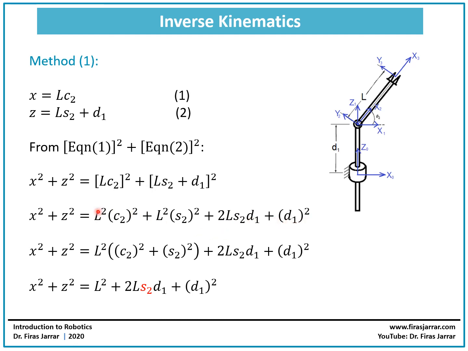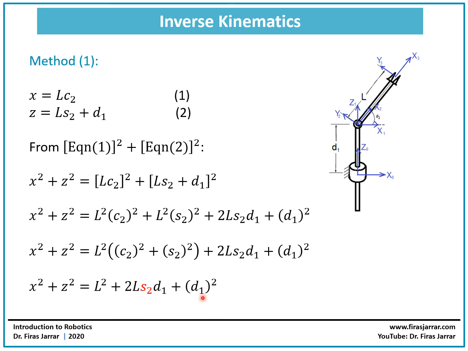Now you group these two terms together, and you're going to notice that here we have a trigonometric identity which says that cosine theta 2 squared plus sine theta 2 squared is going to be equal to 1. So this will bring us to X squared plus Z squared is equal to L squared plus 2L sine theta 2 D1 plus D1 squared.